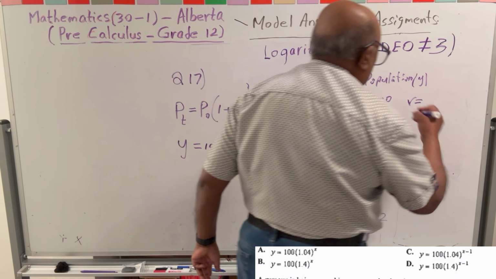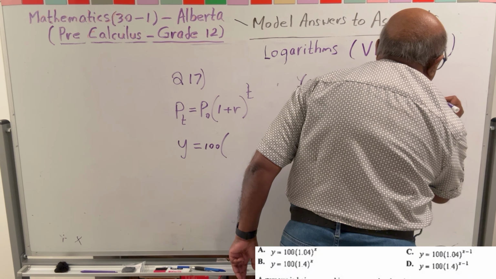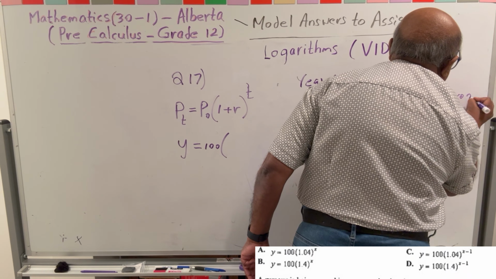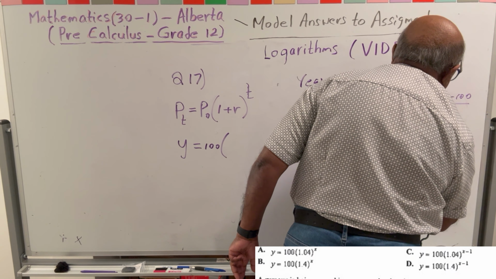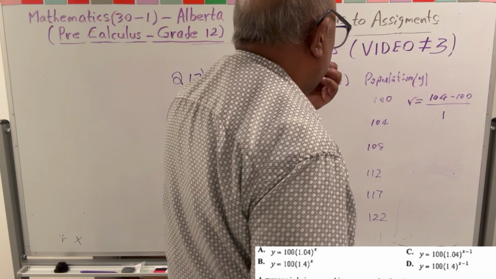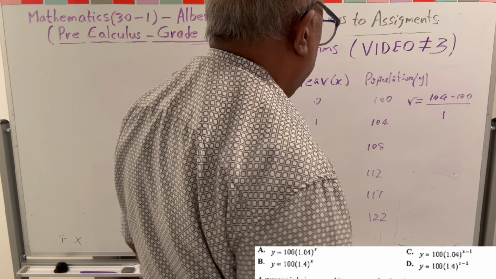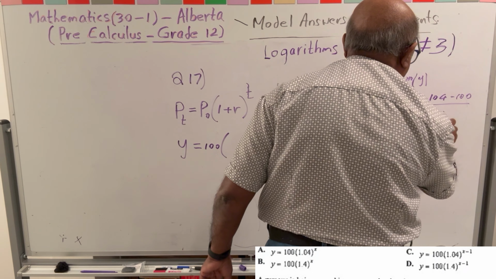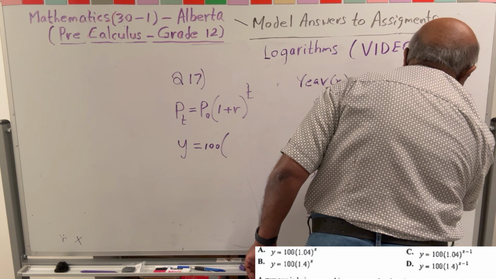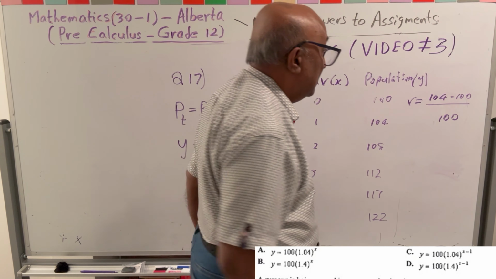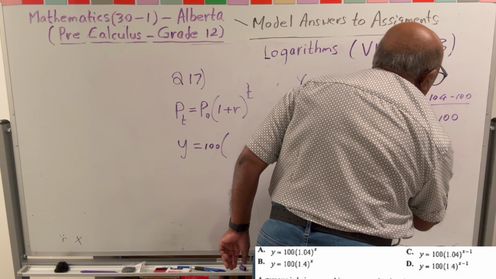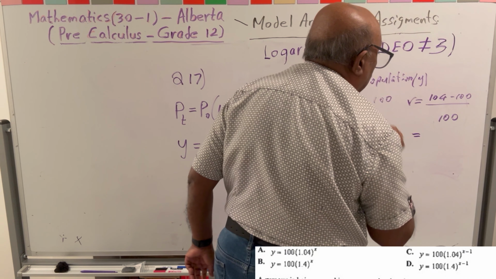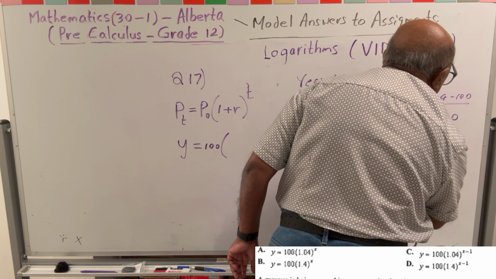That means the change in population is 104 minus 100 during 1 year. Okay, as a percentage, this is how much? This one minus this divided by 100. This is change in population. That means this one is 1.04.